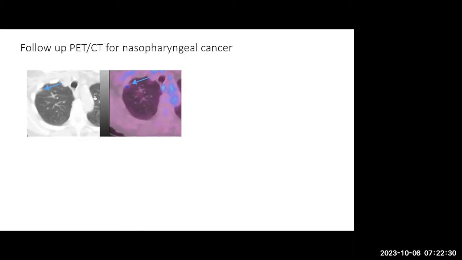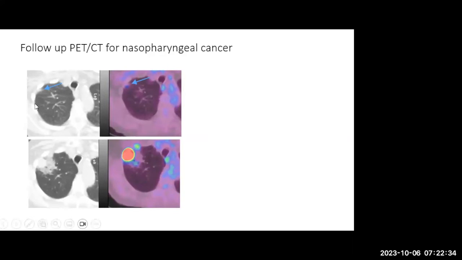Unfortunately, the patient didn't come back to us until 3 years later, and this is what happened. You can see that it became this obvious mass in the same region with very intense FDG activity consistent with malignancy. This was a second primary in this patient, a lung cancer.